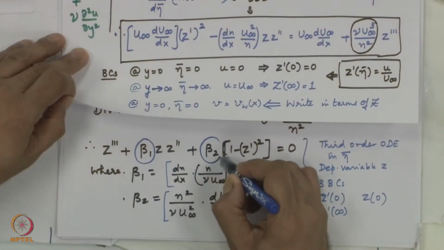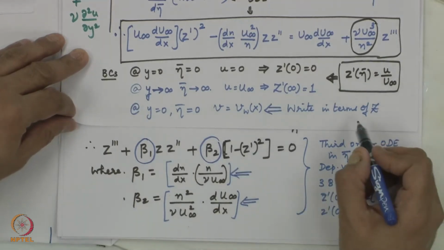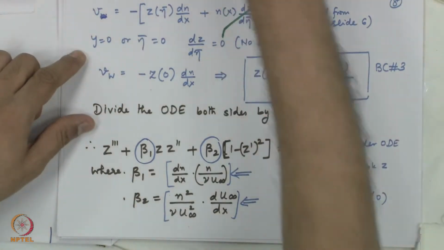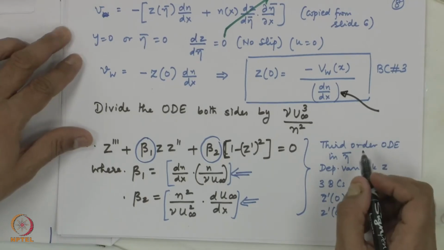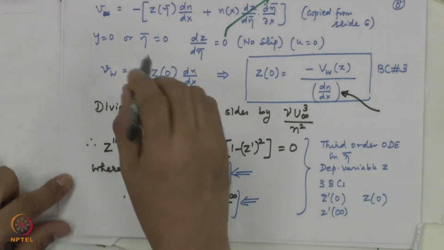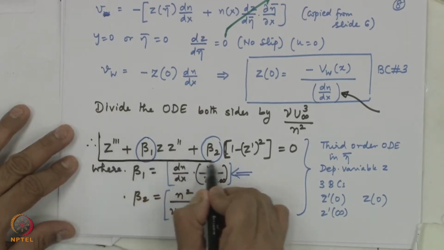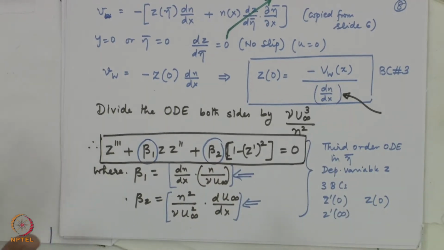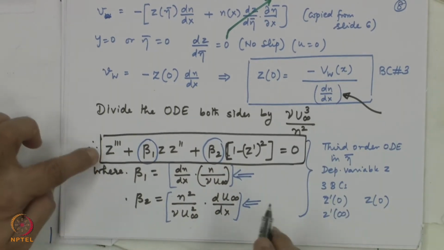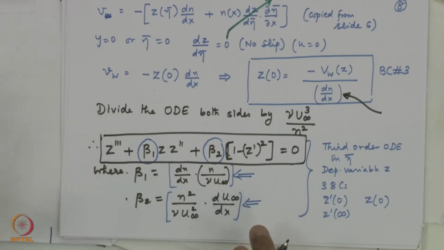So, on paper this looks like an ordinary differential equation. Well, it is an ordinary differential equation if and only if beta 1 and beta 2 and also the boundary condition which we have derived here, the third boundary condition z of 0, which has this, are such that this equation is strictly going to admit similarity, meaning z is going to be a function of eta bar only, and any dependency on x and y should be completely lost.